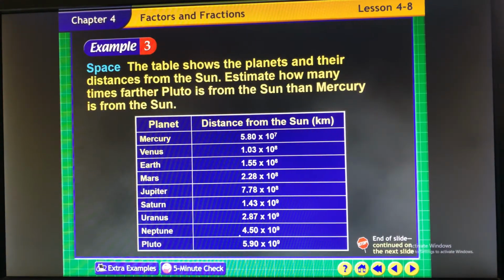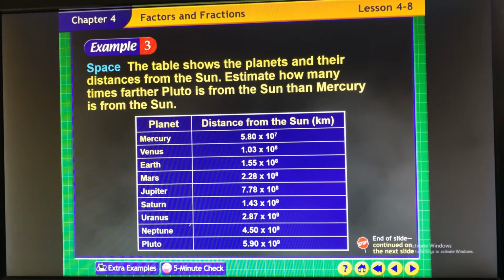Estimate how many times further Pluto is from the sun than Mercury. So you have Pluto and you have Mercury. Where's Mercury? Okay, so think about estimating this. I would estimate this to be like 6 and this to be 6.